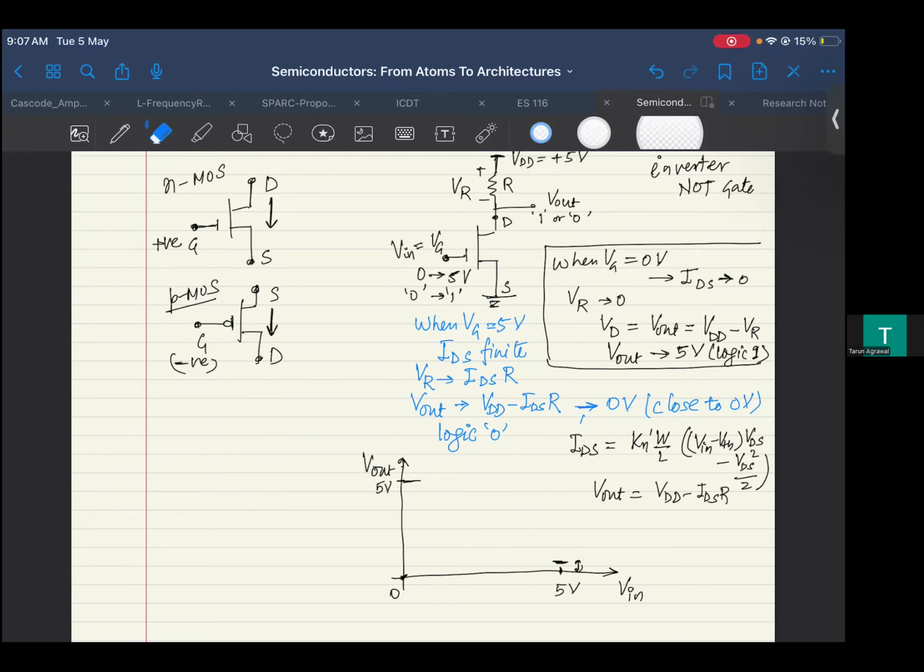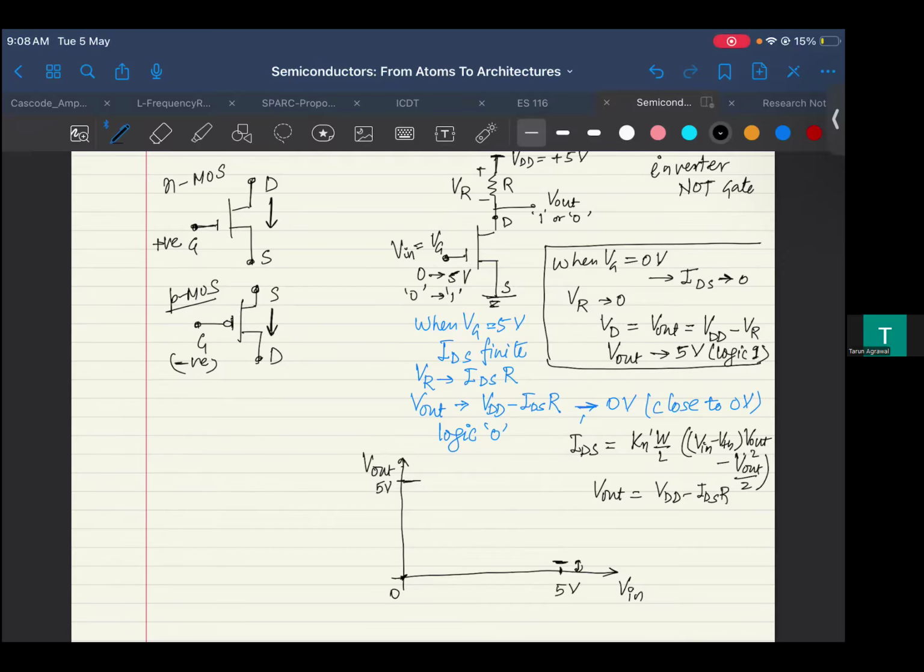So VDS becomes your output. So then you see that it's an implicit equation, right? Because when you put this in, there is an equation which is a function of V out also. It's not like Y equal to MX plus C, right? And that has to be solved.